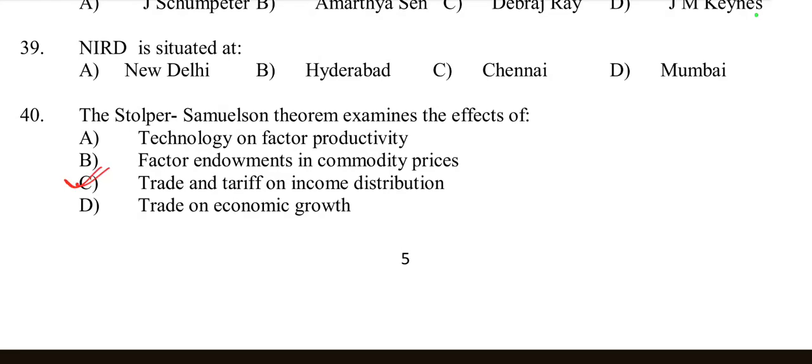So option C is right here, because the theorem is a part of the Heckscher-Ohlin model. It analyzes how changes in trade policies or tariffs affect the distribution of income between different factors of production. It suggests that trade liberalization benefits the abundant factor while harming the scarce factor. So option C is right here.